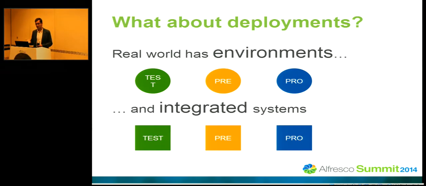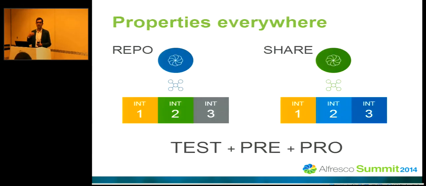But in the real world, we have several environments. We have test, pre, pro, and the integrated system has these environments too. So we are crossing environments, and we are using a lot of properties in each artifact.